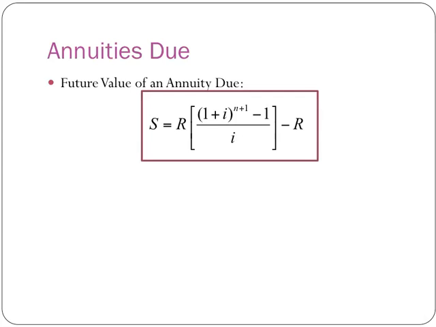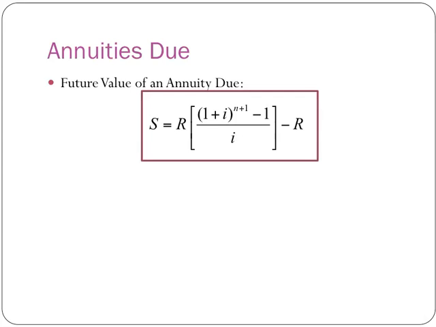Looking back at that very first example where we had the 6 years, we were working backwards. At the end of the 6th year, the payment that we make is simply R, with no interest. But with annuities due, because you're making the payments at the beginning of each period, every single one of them is going to accrue some interest.